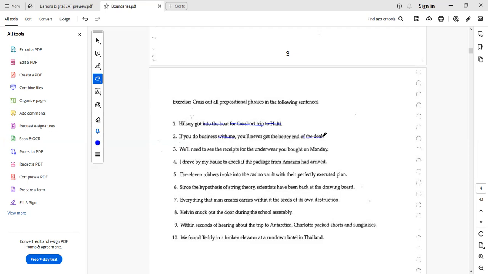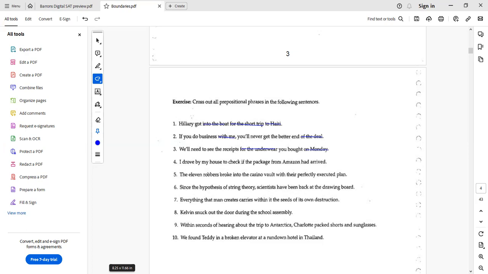Yes. Okay. Dalal, number 3. On Monday. There is another one: for the underwear. Thank you. Number 4, Dunya. If the package from Amazon had arrived. If is not a preposition.